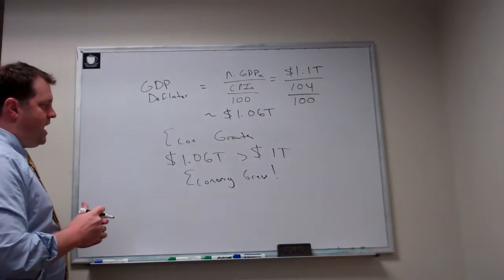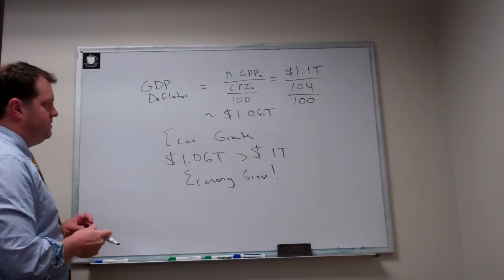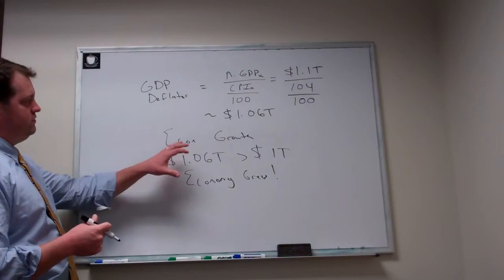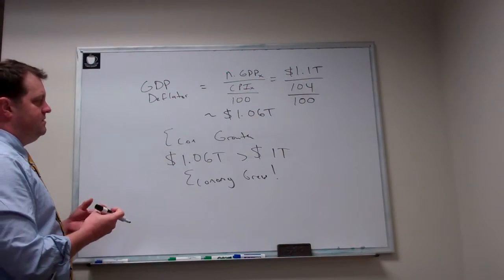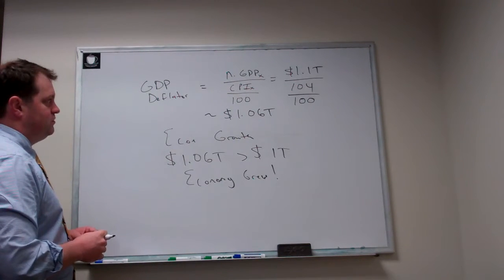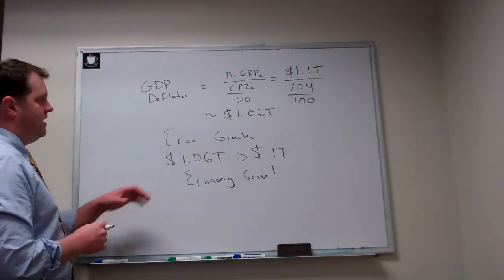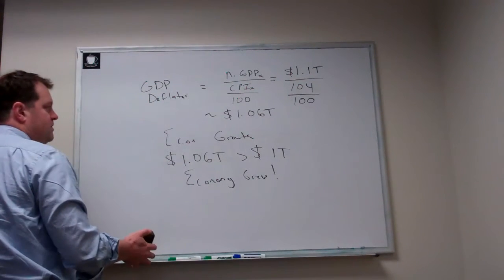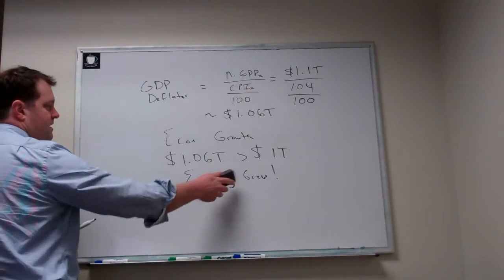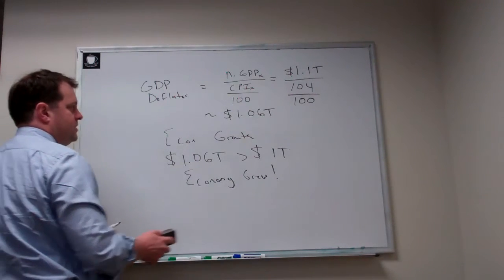And we have a much more accurate picture of the productive capability of this economy in year 2 compared to year 1 because we have taken out any sort of price distortion that might have caused us to make an incorrect conclusion. So our conclusion's more accurate, and it's good here that this economy grew.